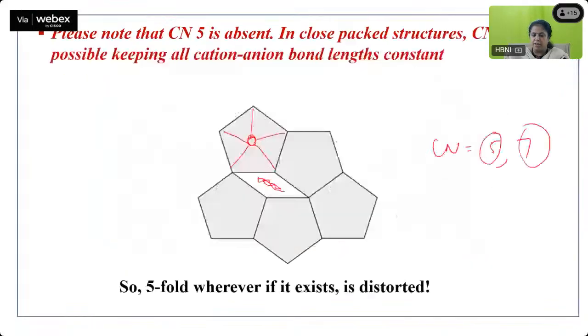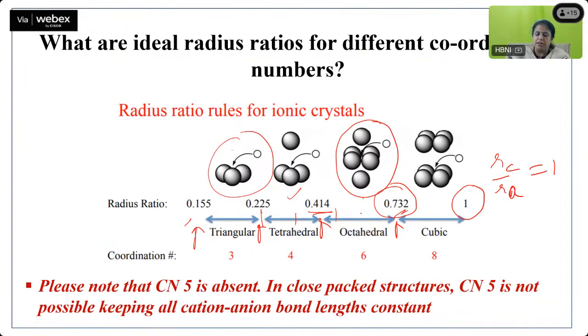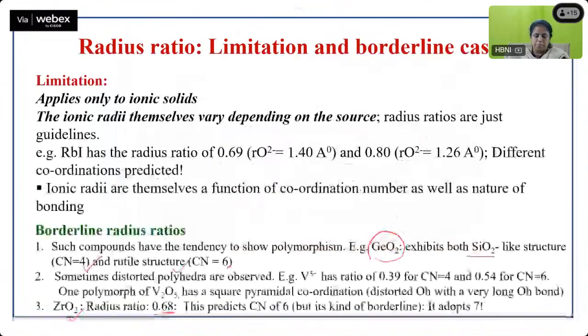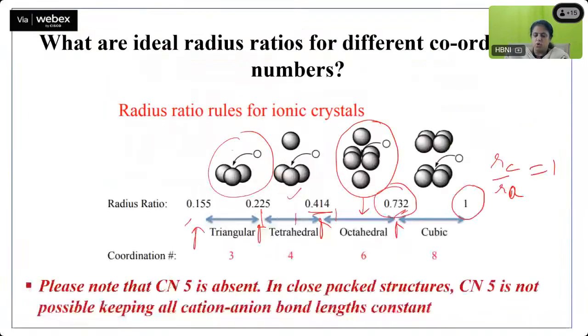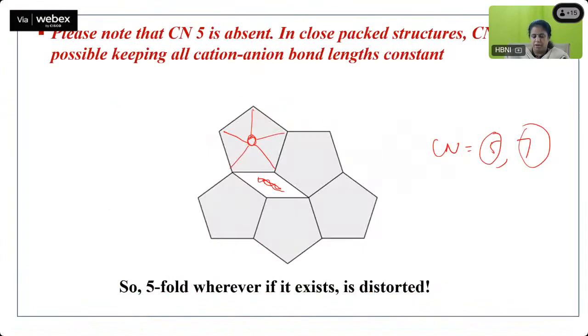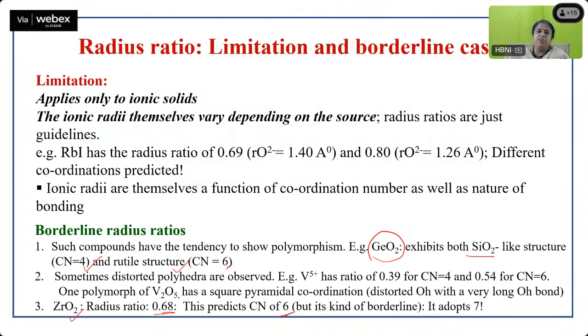If you go here, 0.68 means you are here, so it predicts a coordination number of 6. But it is borderline because it is close to 0.73. So zirconia actually exists in 3 polymorphs: monoclinic, tetragonal, and cubic.